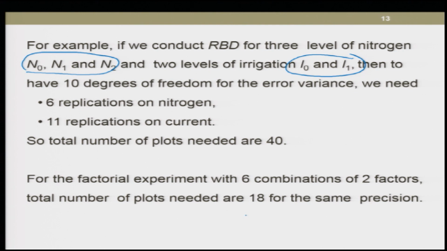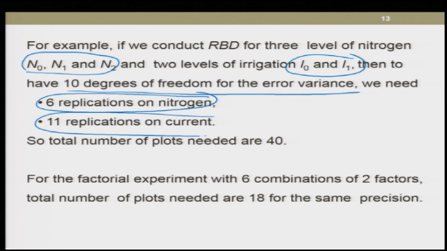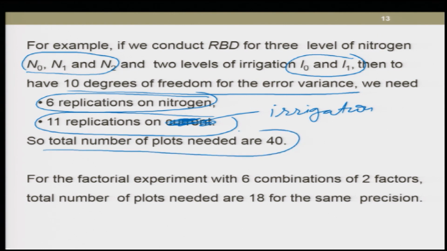Now, in this situation, if you want to have 10 degrees of freedom related to the error variance, that is SSE, then in this case you need to have 6 replications on nitrogen, 11 replications on irrigation, and so the total number of plots which are needed is 40.